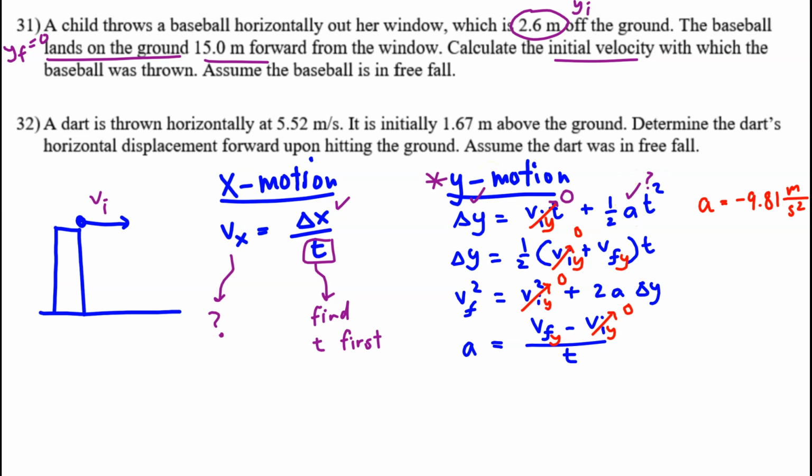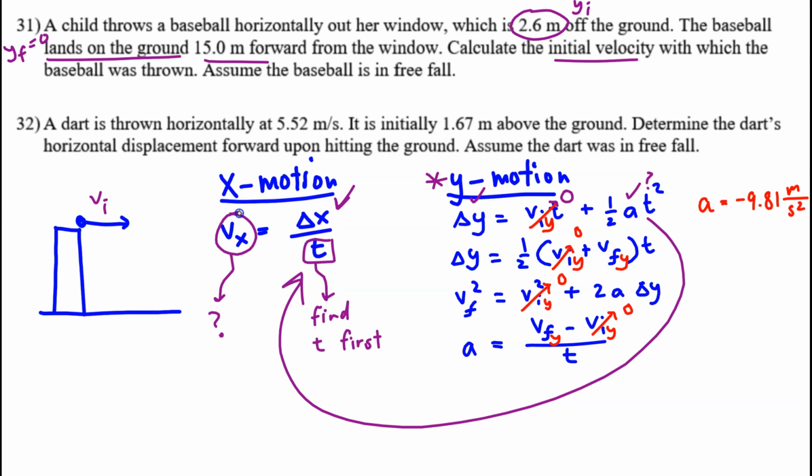So from that first equation, we could calculate time, plug it in right here, along with delta x, and find Vx, the x-axis velocity. Because the projectile was launched horizontally, the initial velocity is just the x-axis velocity. All of the initial is on the x-axis, so if you know this, you know that.